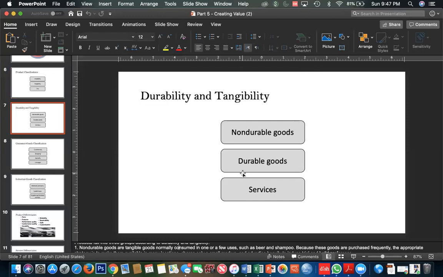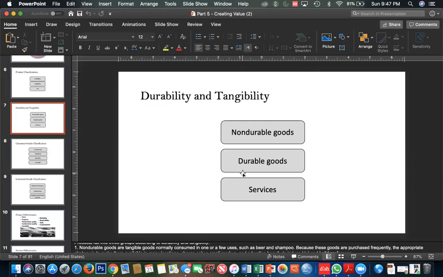Durable products are with you for the longer term, like the electronics in your house, your home theater system, even your car. They are all durable goods. For durable goods, the strategy would be more personalization.